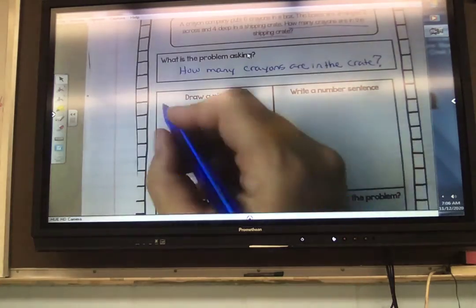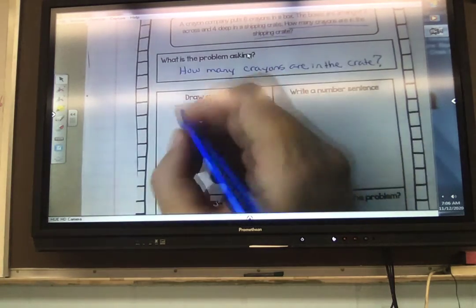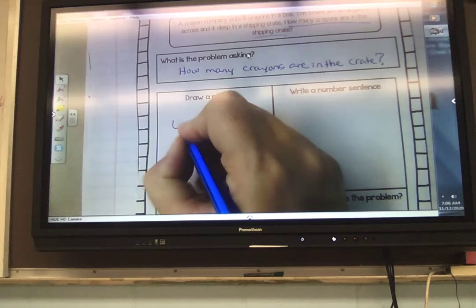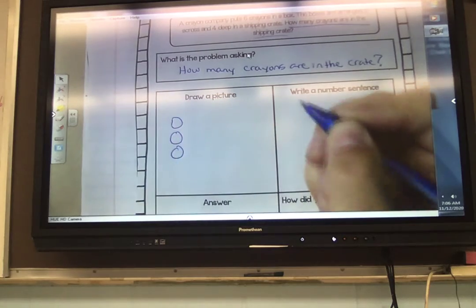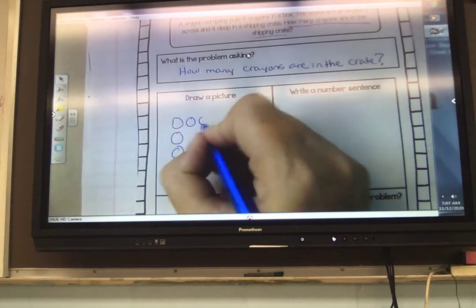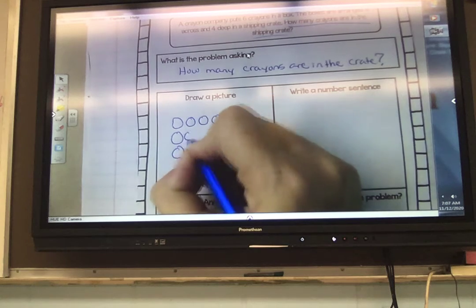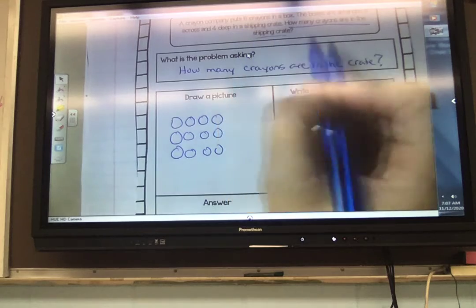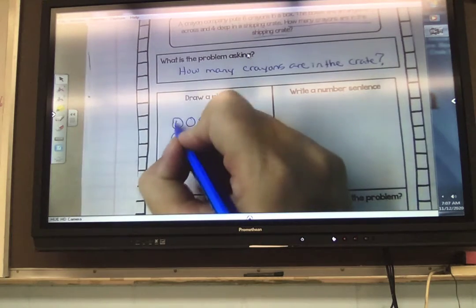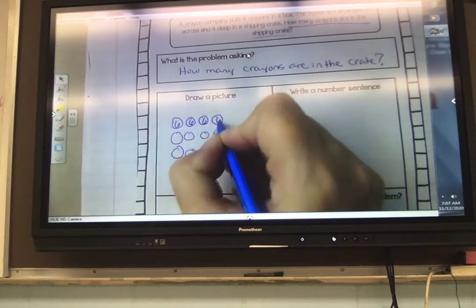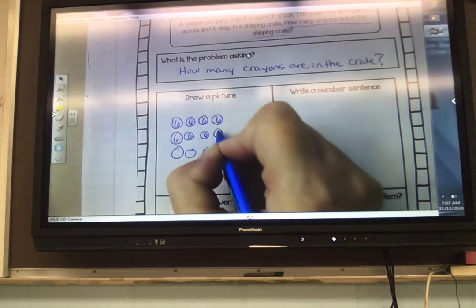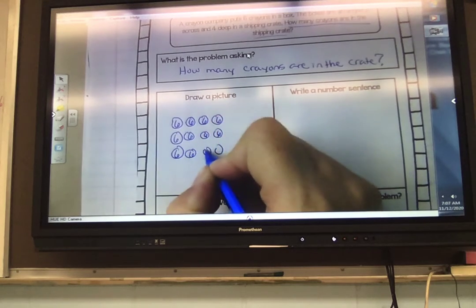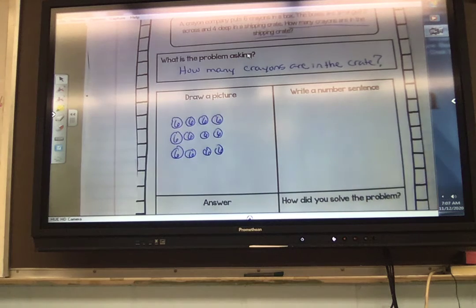So again, we have 3 rows, 1, 2, 3, and we have 4 columns, 1, 2, 3, 4. And then every row should have the same amount. And there are 6 crayons in every one of these. So what I'm going to do on my picture is put a 6 for my 6 crayons. Now on the other page we have the actual picture with the 6 crayons.